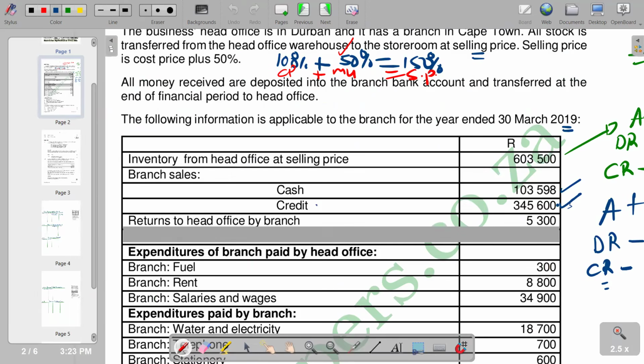We go to returns. We go to returns to head office by branch. So obviously, this is now a reverse in terms of the one that we did when it was coming from head office. This one now is going to head office. So we're supposed to credit branch inventory. We credit a branch inventory with 5,300, which is supposed to be having a corresponding entry of debiting the goods to branch account, of which we do not have the goods to branch account according to the question. So we only go to the credit side of the branch inventory and put 5,300.